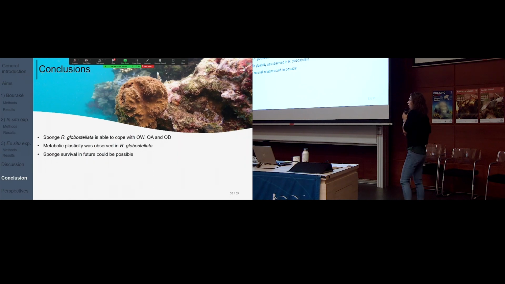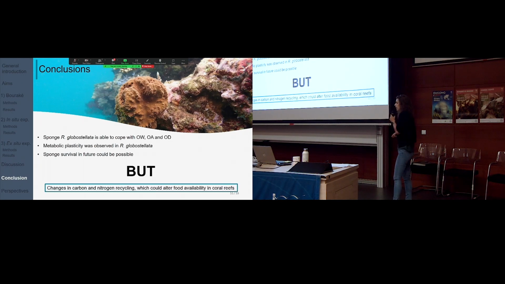I show that the sponge Rhabdastrella has the metabolic plasticity to cope with different environmental conditions and adopt the best fitness according to the tide, suggesting that the survival of sponges and possibly other taxa will be possible in future. However, this could lead to a change in sponge metabolism and then also in the food quality and availability in the whole coral reef.